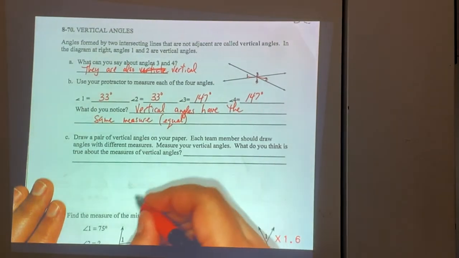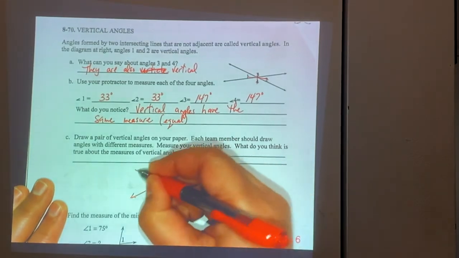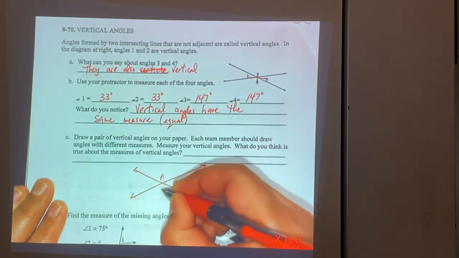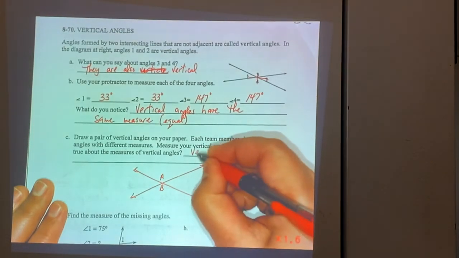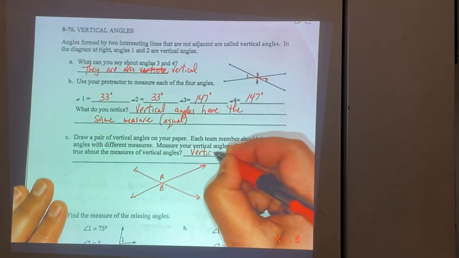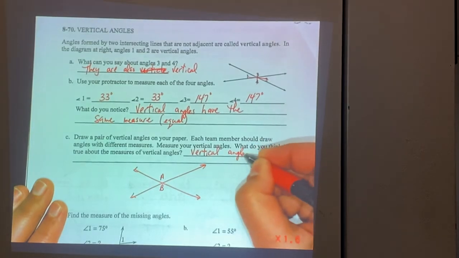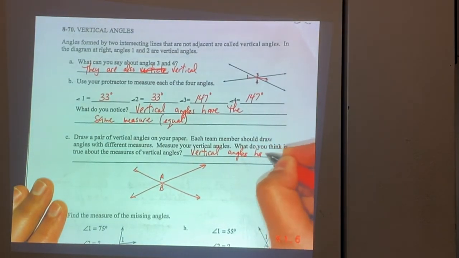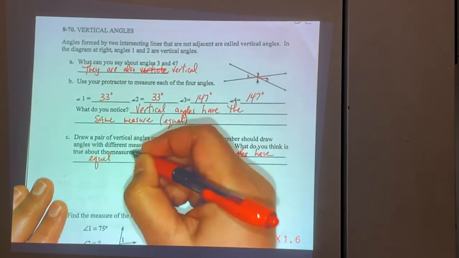Okay, vertical angles. I'm going to say A and B. A and B are vertical. What do you think is true about the measure of the vertical angles? Vertical angles have equal measures.